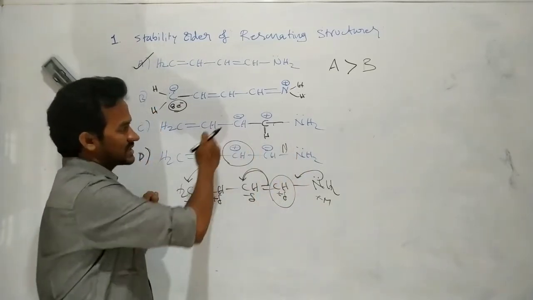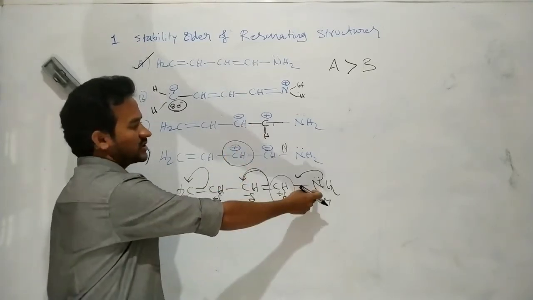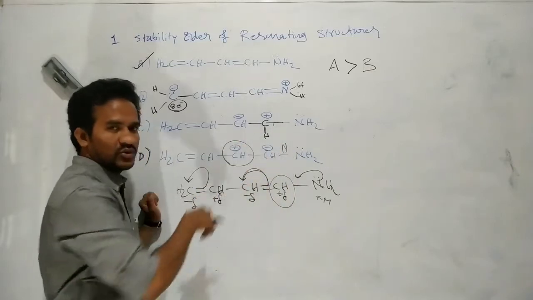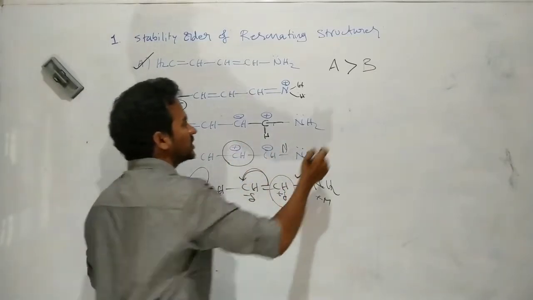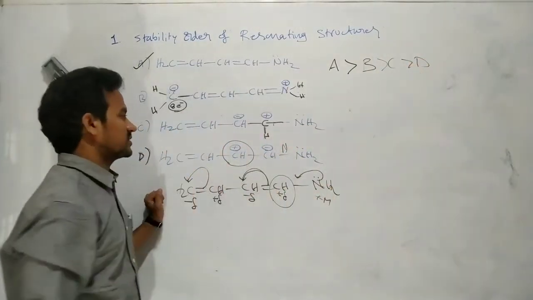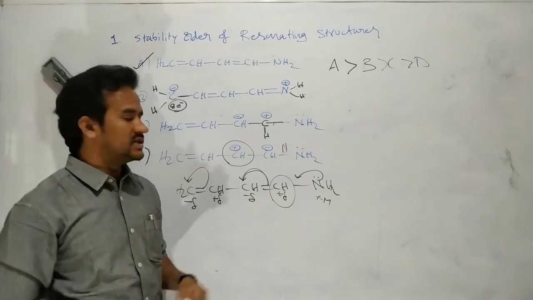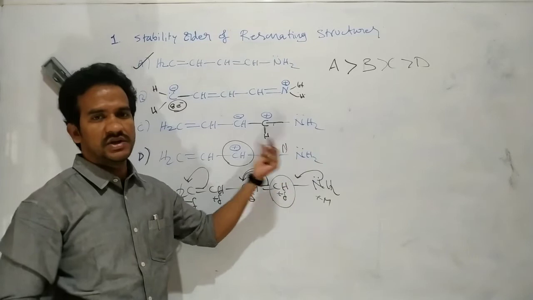So this is a somewhat acceptable structure, because this polarization is based on the nature of the group. So C and then D. D is the least stable, because this polar form is opposite to the nature of the NH2.